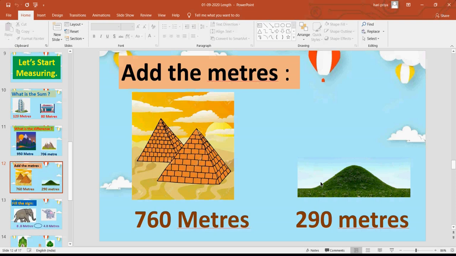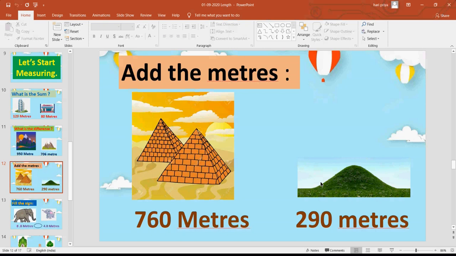So you are going to add the meters. The first measurement is 760 plus 290 meters. If you add these two measurements, what will be the answer? As it is a very big number, you may find it difficult, but try to solve it.